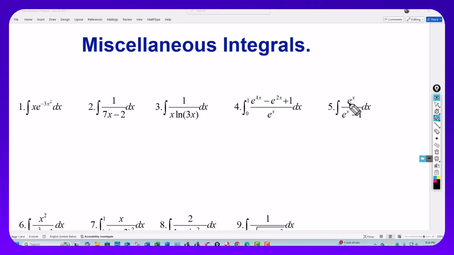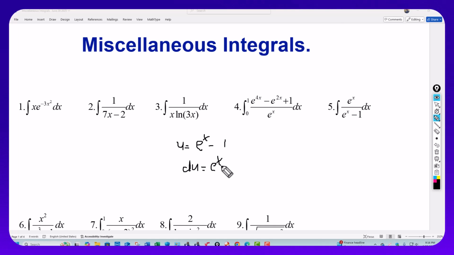For number 5, we have the integral of e to the x over e to the x minus 1. This one again, use substitution. Let u equal e to the x minus 1. Then du would equal the derivative of the right side. The derivative of e to the x is e to the x.